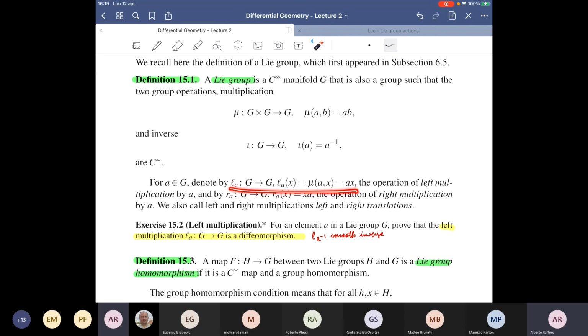This is the left multiplication, and similarly you can define the right multiplication by multiplying any element of the group by this fixed element A on the right. These maps are smooth because they only involve this product mu that is smooth, and in particular they are diffeomorphisms of the manifold. They are smooth maps and they have a smooth inverse. The smooth inverse is none other than the map given by the left multiplication by the inverse of the group element.